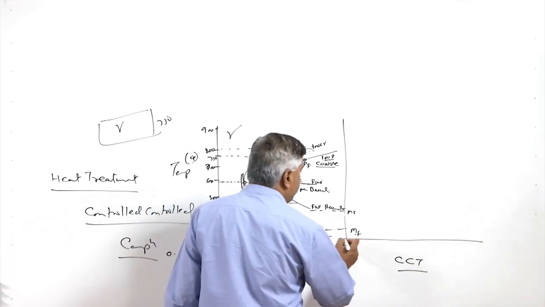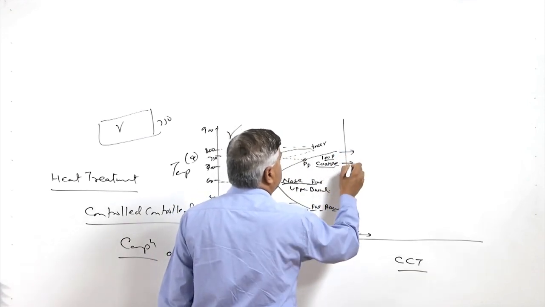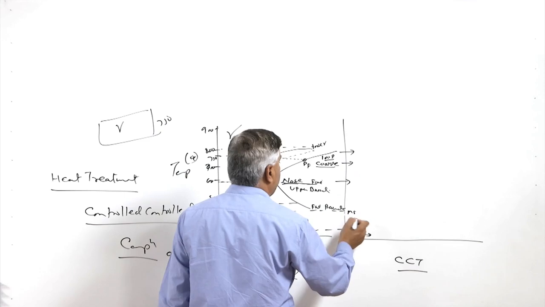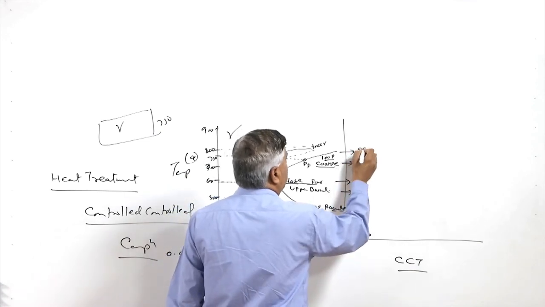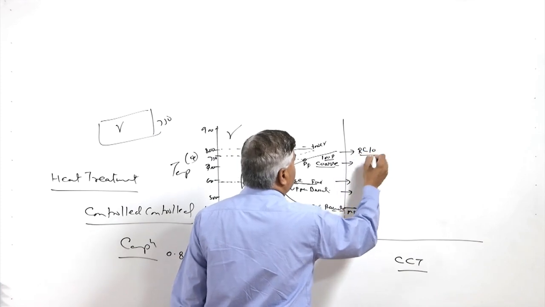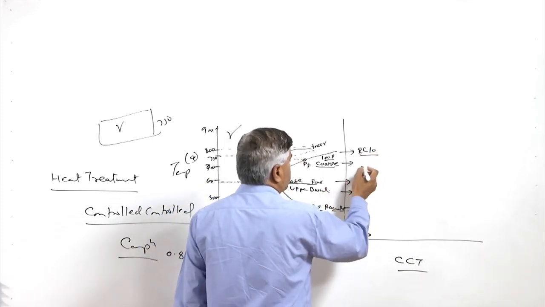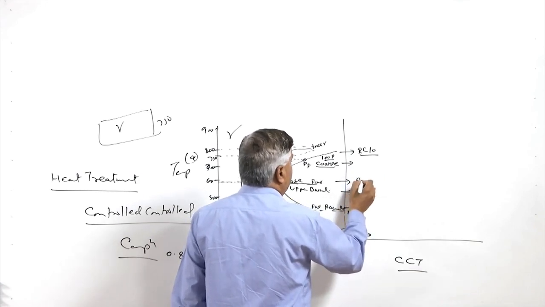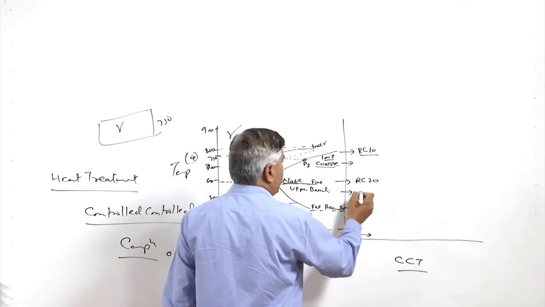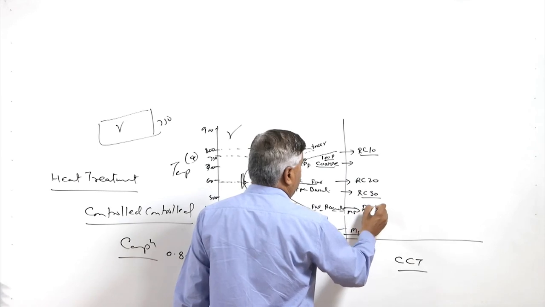Here, if we try to see how the hardness and the strength will be changing, that is what we can see from this diagram. Hardness is very low, say around 10, for the coarse pearlite, and for fine pearlite it may be like RC 20, then for bainite RC 30, then RC 40.